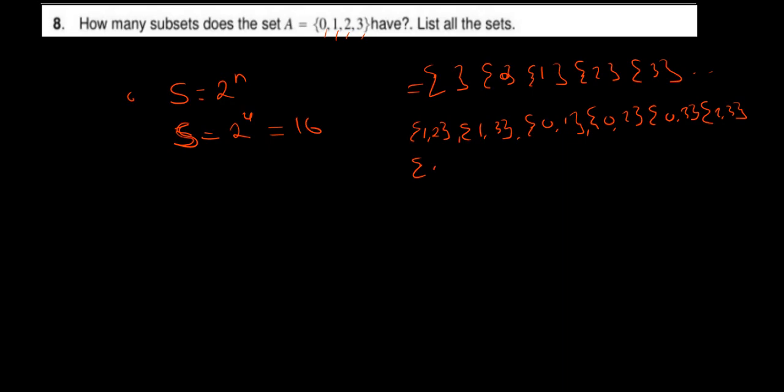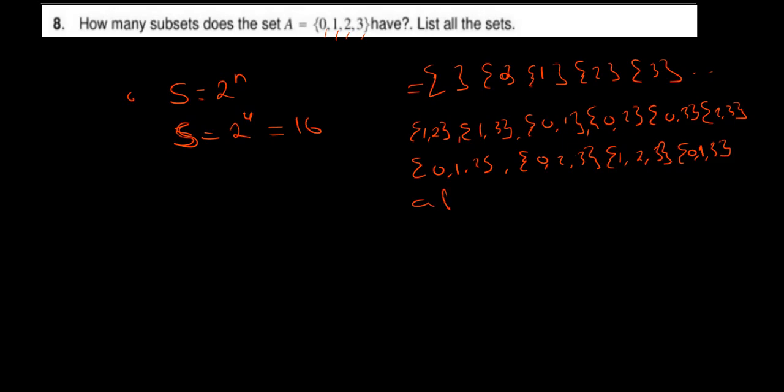So you put 0 and 1 and 2 like that. You put 0 2 3 like that. You put 1 2 3 like that. You list 0 1 3 like that.